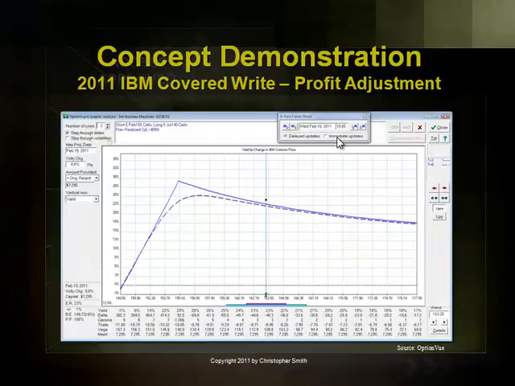We're now at February 16. Similar thing happened. Market moved higher. Our front month short calls are going to be in the money. Most, if not all, of the time value is gone. It's time to adjust the position.